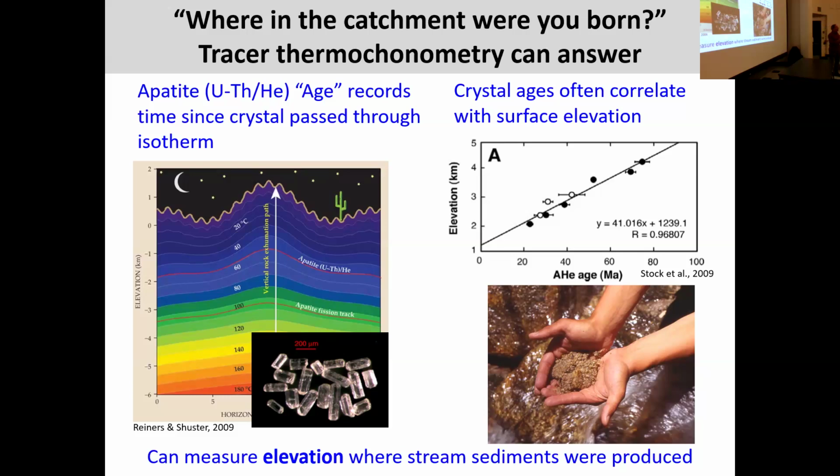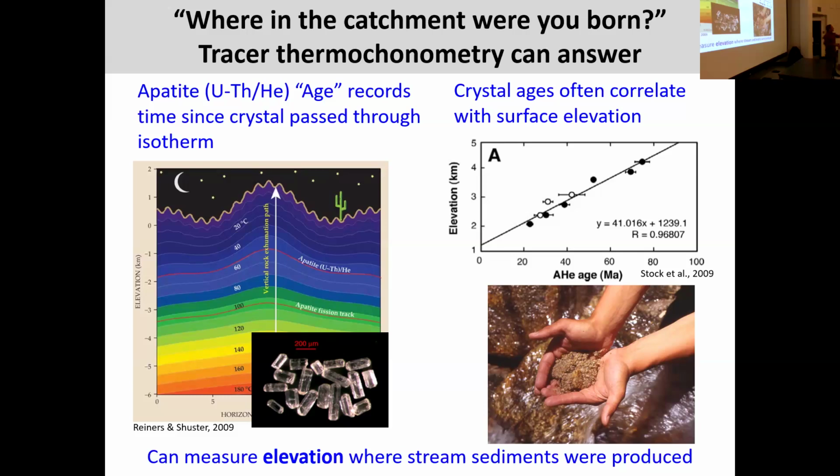We don't really care about how long that is. Other people do. But for our purposes, what matters is that there's spatial patterns in this thermochronometric age. And so in many places, and in the Sierra Nevada, there's this linear relationship between elevation and thermochronologic age. And so we can grab a handful of sediments and then do fancy stuff in the lab to be able to figure out what elevation that sediment came from.